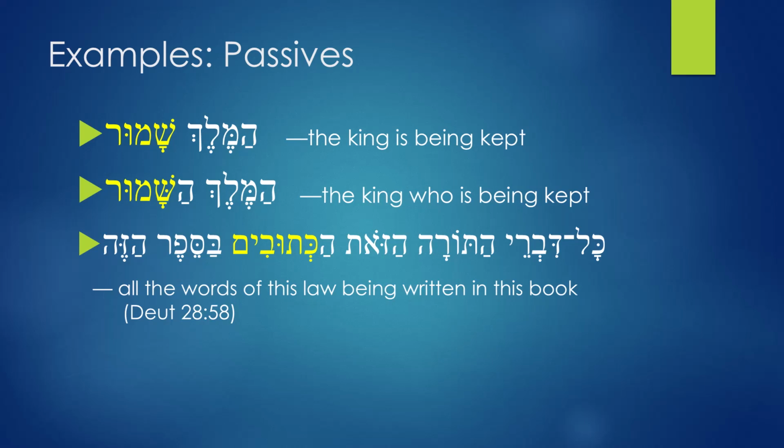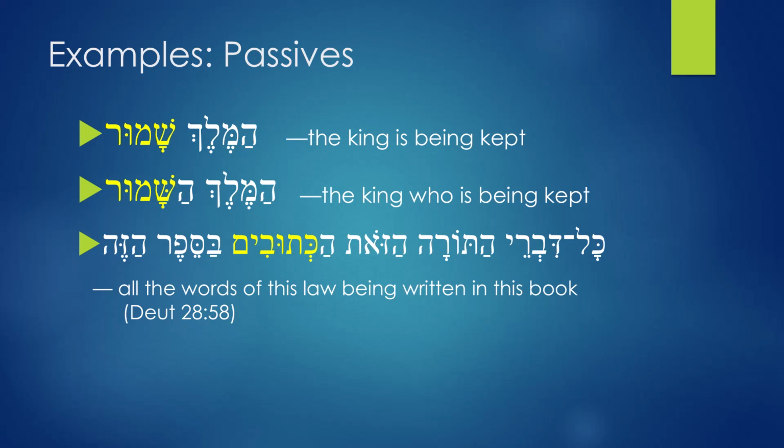Shamar means he kept. Shamur as a participle becomes being kept. So you have Hamelech, the king, is being kept. Now context is going to guide you on the tense, whether it's past, present or future. So this can mean the king was being kept or the king is being kept.